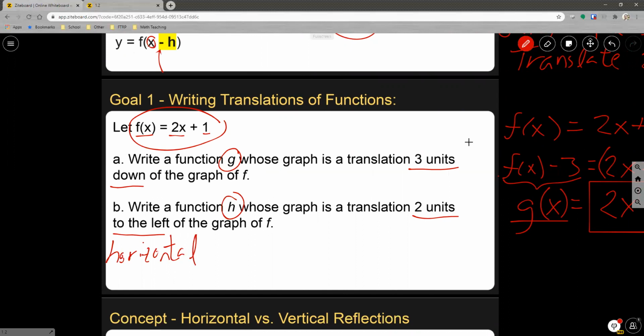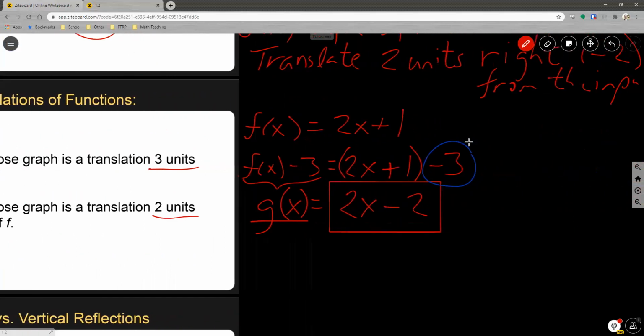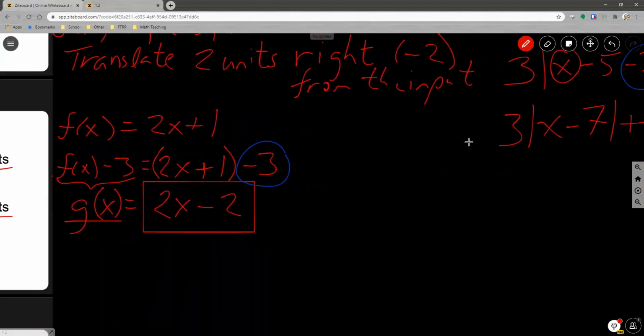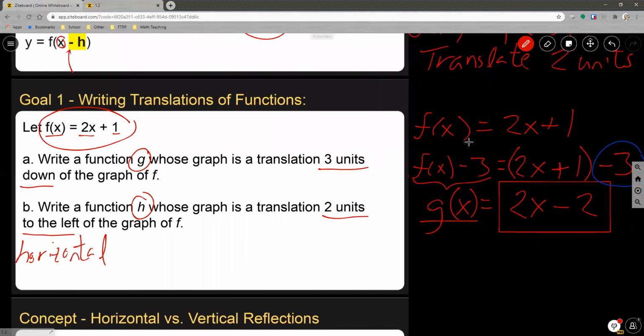Okay, so now we're going to be affecting the input because it's a horizontal translation. So again, I'm going to write my function over here. My original function is f of x equals 2x plus 1. I need to alter my input this time. I'm going to be translating 2 units to the left.